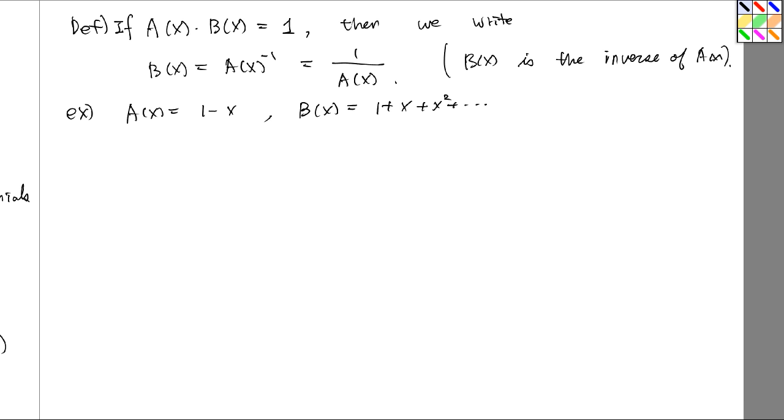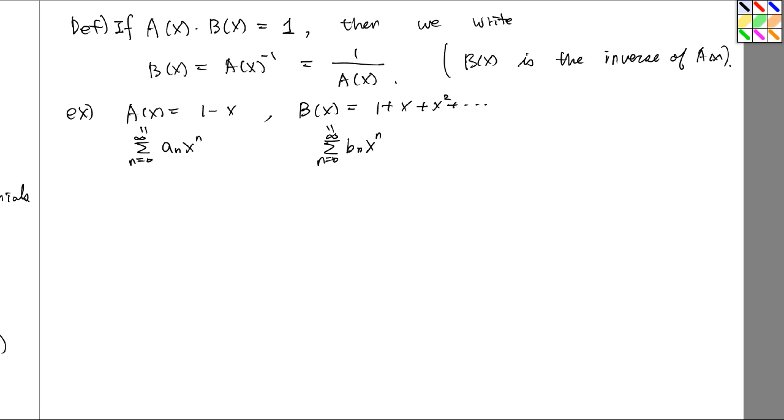If you write A as a generating function, this means a_0 equals 1, a_1 equals minus 1, and then a_2, a_3, a_4 are all zeros. And if we write B as a generating function with coefficients b_n, then every b_n equals 1.